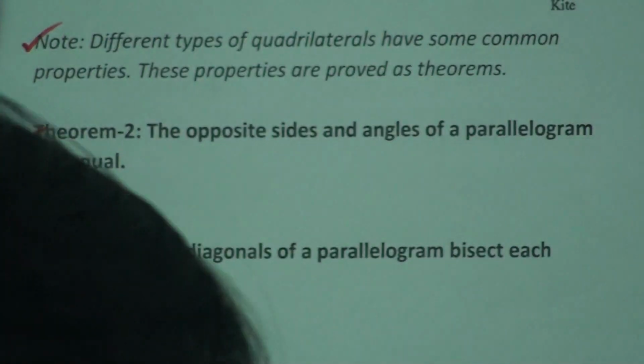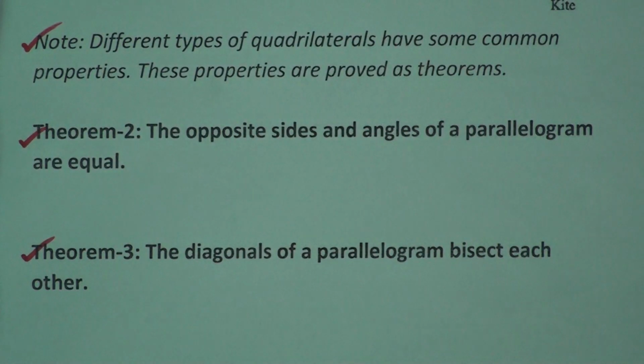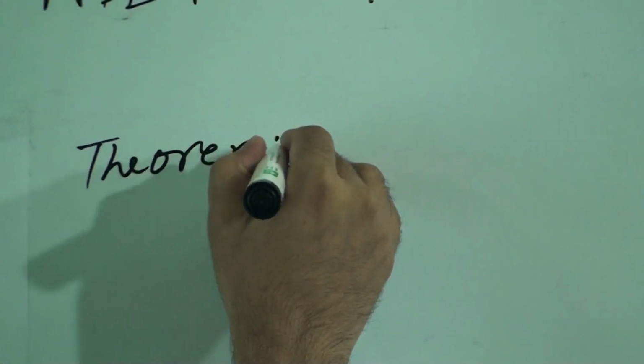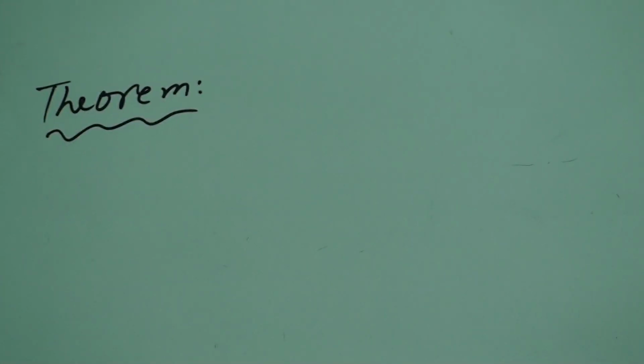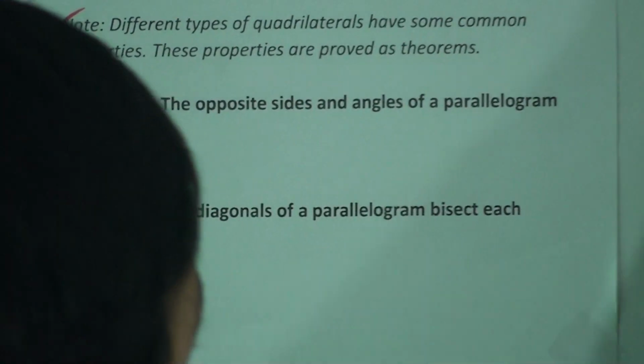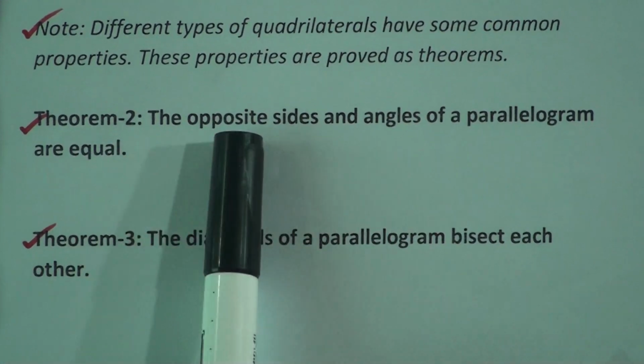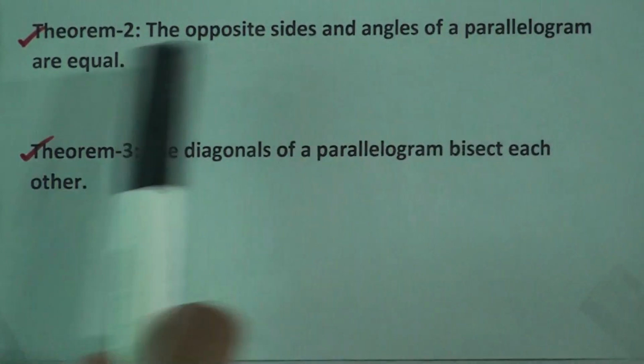So dear students, at first you have to know what is theorem 2. Theorem 2 statement is written here. The opposite sides and angles of a parallelogram are equal.